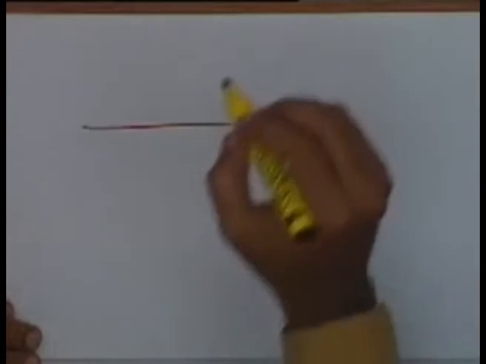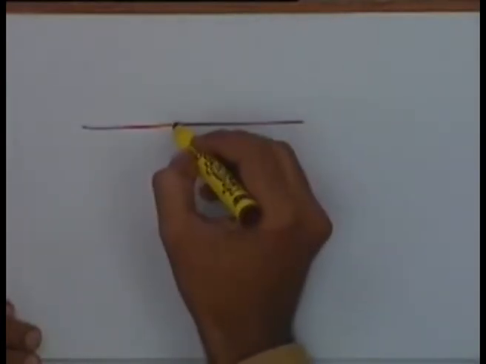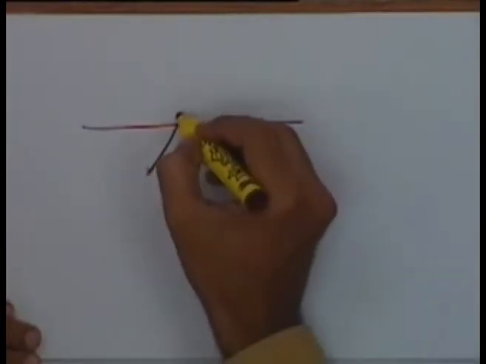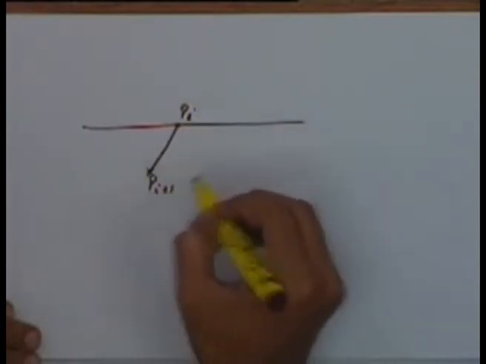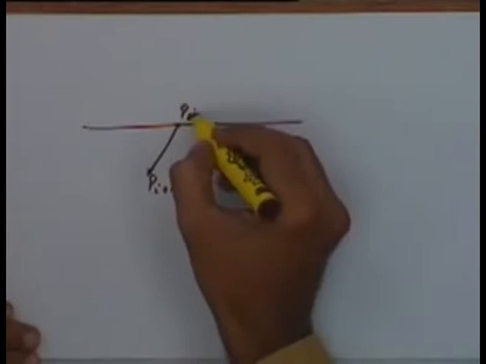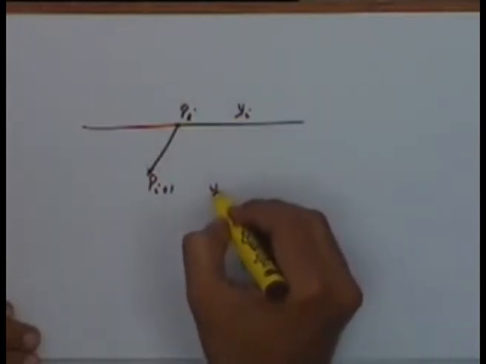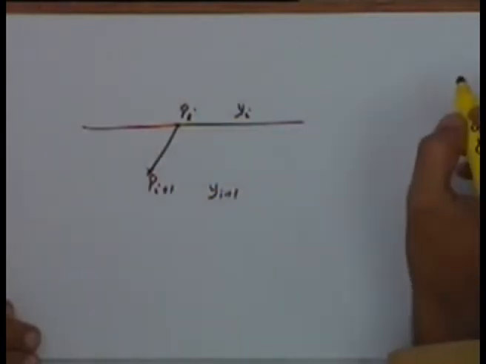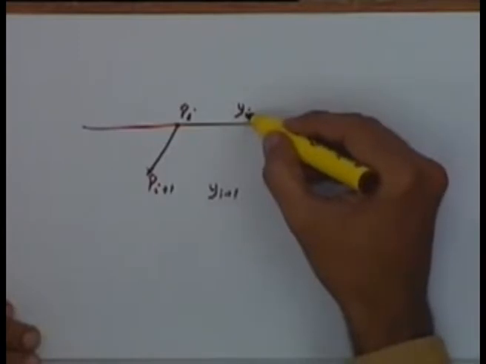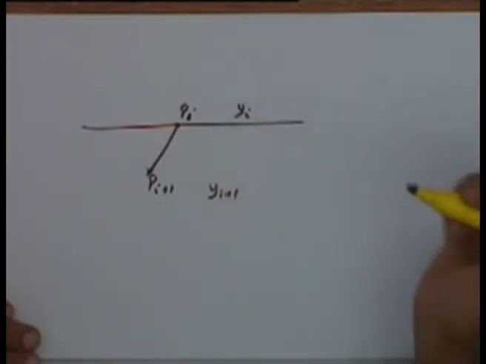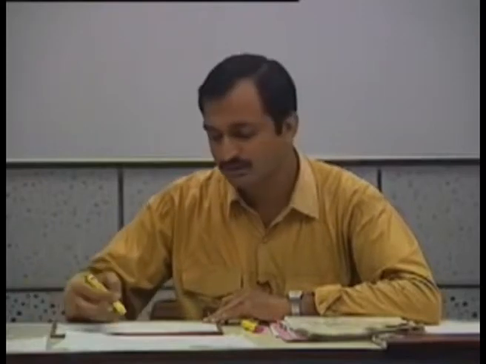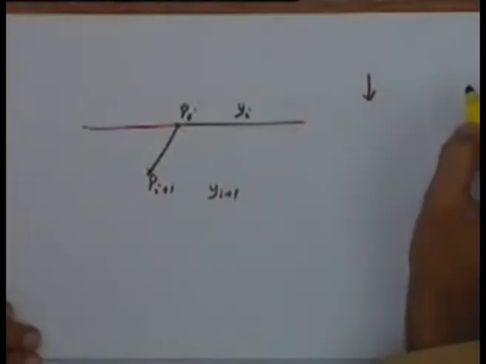See, this is a particular scan line. You have an edge given by pi plus 1. The y coordinate of this is, let's say, yi, and this is yi plus 1. If yi plus 1 is greater than yi, the edge is starting. If yi plus 1 is less than yi, the edge is coming to an end, because we are moving in this direction.